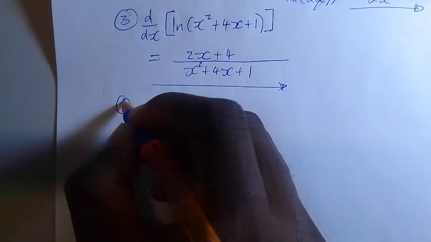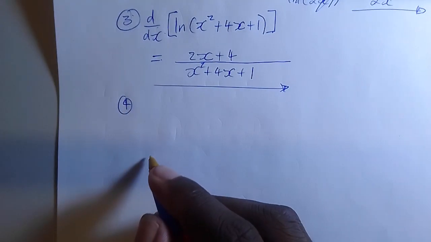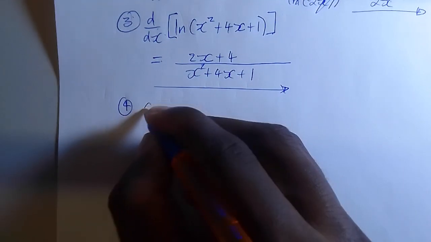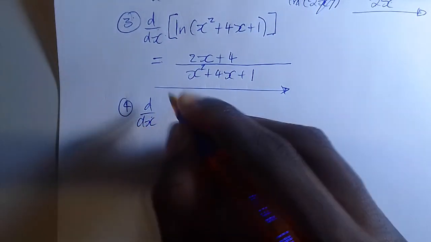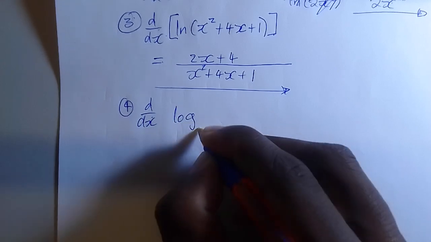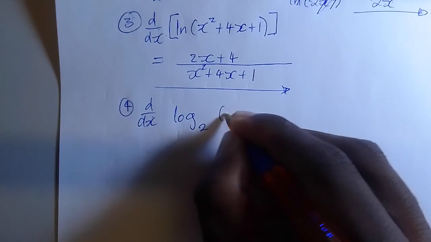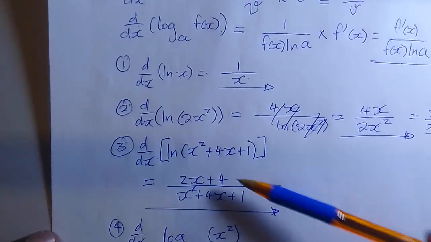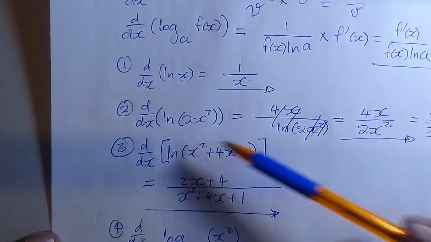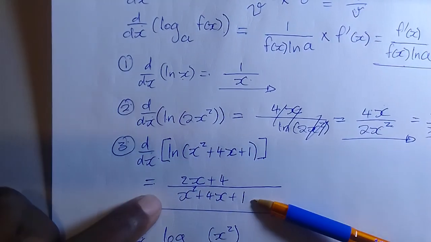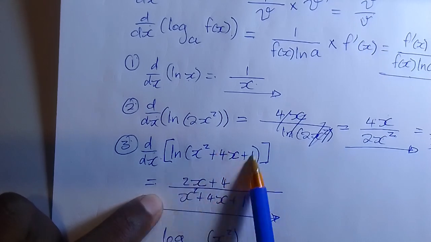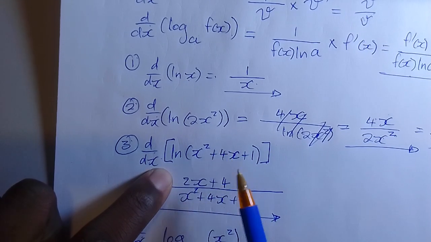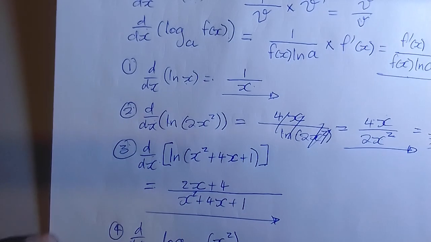Number 4 is a bit different. We are doing the derivative of log base 2 of x squared. Right, we've been doing the derivatives of ln, which means we just had to put the same function on the denominator, this one, and then on the numerator we find the derivative of this.